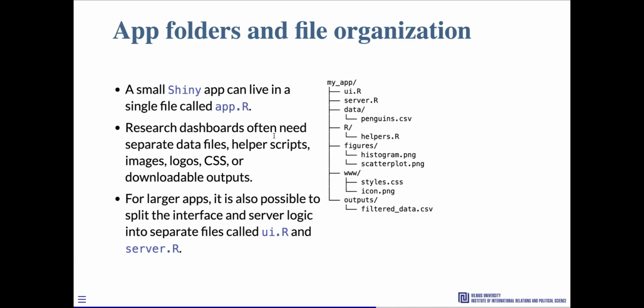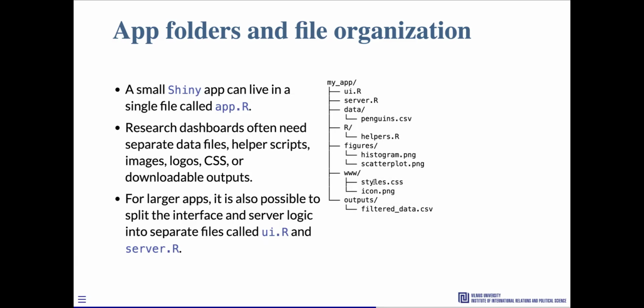Now, if you have things like images, logos, or CSS, for those that do not know, CSS is basically a wrapper for HTML that gives it the styles or the fonts and all of the nice design options. So you can give it a nice theme and create a CSS style, and that can go in a folder called www.